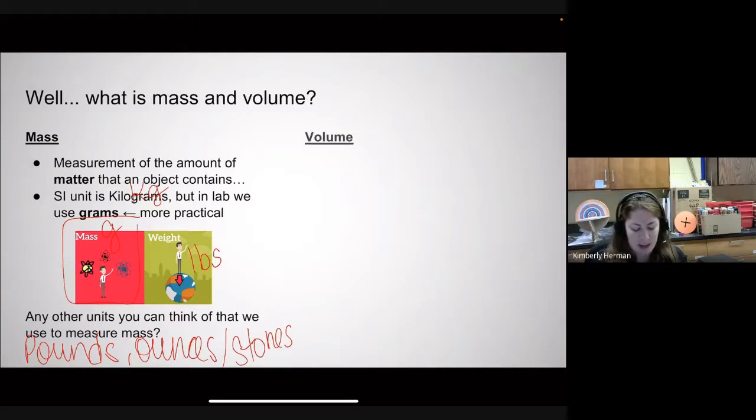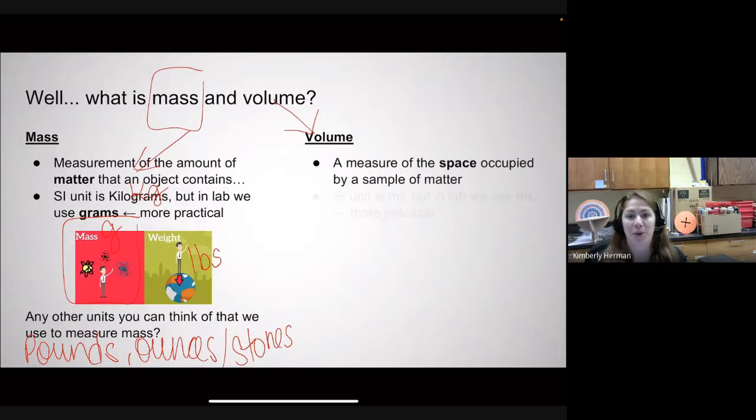Now, mass is how much matter it is, volume is how much space it takes up. So it's the measure of space occupied by a sample of matter. The international unit or the SI unit is meters cubed, and that just means they're using the volume formula of length times width times height.